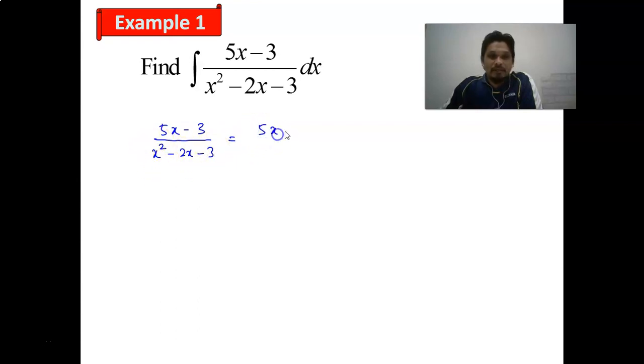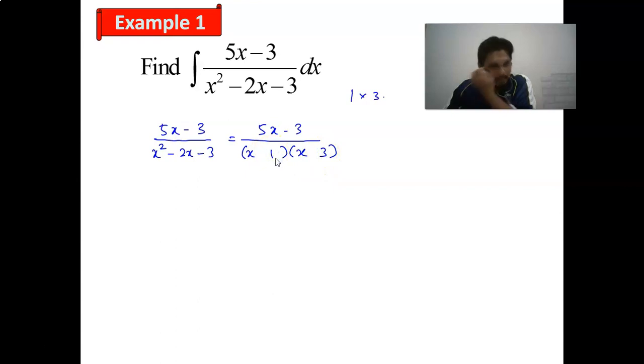It is 5x minus 3 divided by, can you think of something? Okay, x and x, 3. 3 is a multiplication of the pair of numbers 1 multiplied with 3. So, 3 and 1. And the difference is negative 2. So I think that is negative 3 and 1 here.